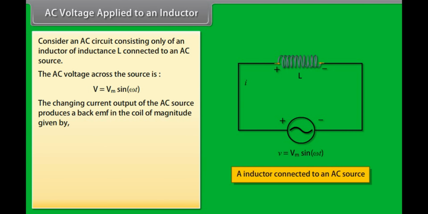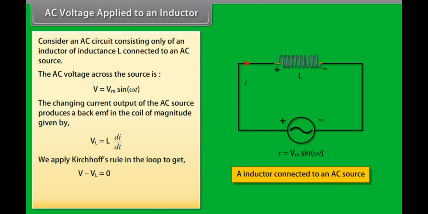The changing current output of the AC source produces a back EMF in the coil of magnitude given by VL is equal to L di by dt. We apply Kirchhoff's rule in the loop to get V minus VL is equal to 0.